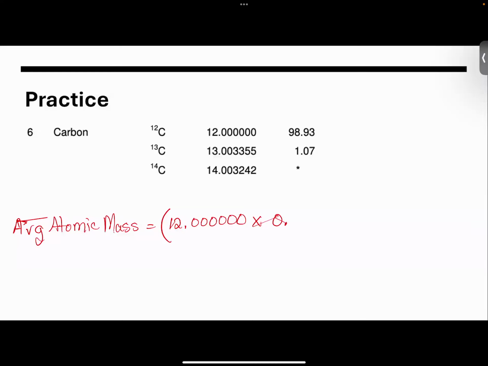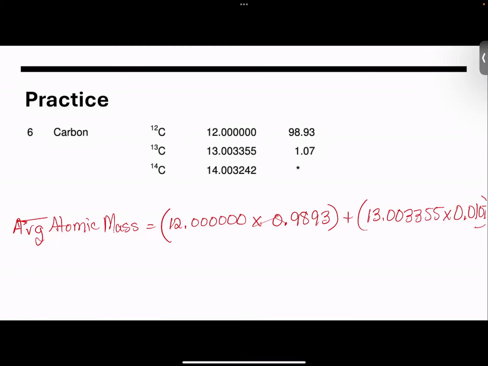So again, you've got to take it out of percentage. And it is the sum over all naturally occurring isotopes. And that is 0.0107 at the end.